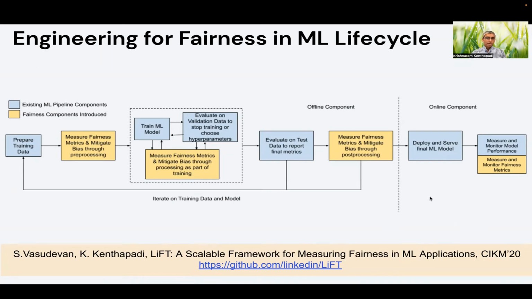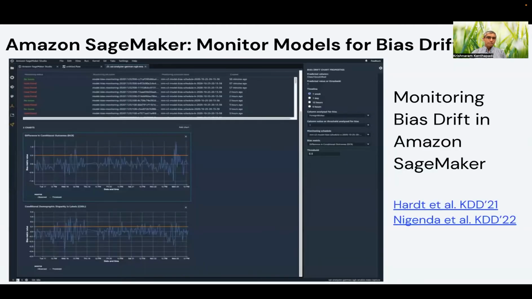Let's look at how this is operationalized from a machine learning deployment setting. So for this, here is a screenshot from Amazon SageMaker. Specifically, this is a screenshot which shows how one can monitor bias for a deployed model over time.